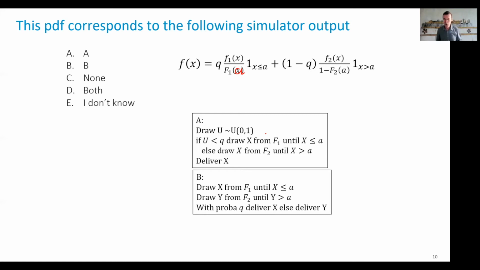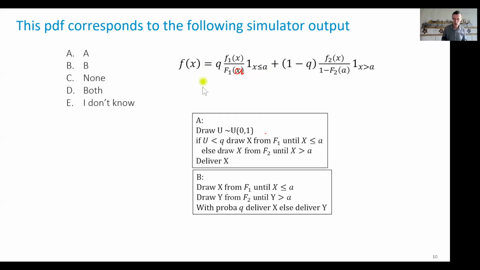Now, of course, this weighted combination of those two elements gives a PDF because I've put weights Q and 1 minus Q, where Q is between 0 and 1. So that, of course, is a PDF. I do the integral of this from 0 to infinity. I have Q for the first part from 0 to A. From A to infinity, I have 1 minus Q because that sums to 1. So that is indeed a PDF.